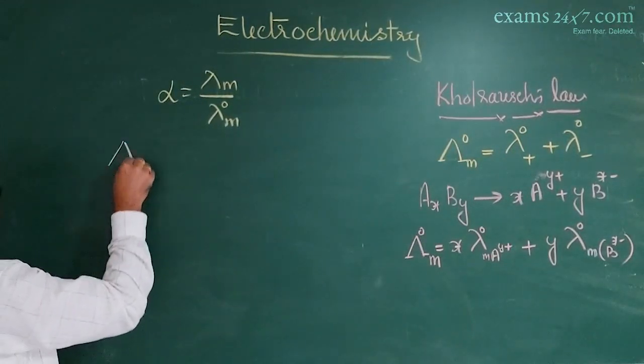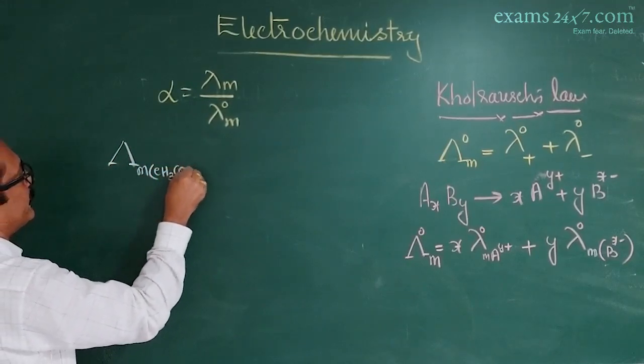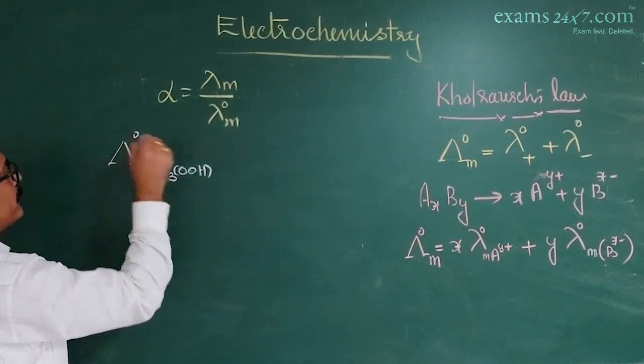Now, look here. Acetic acid is a weak electrolyte.